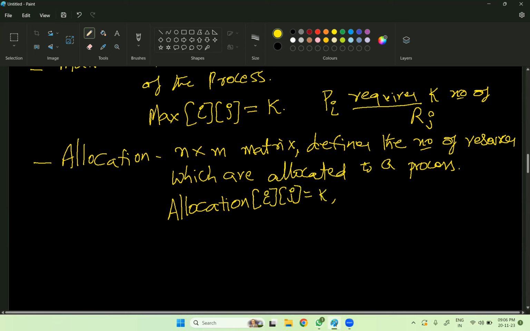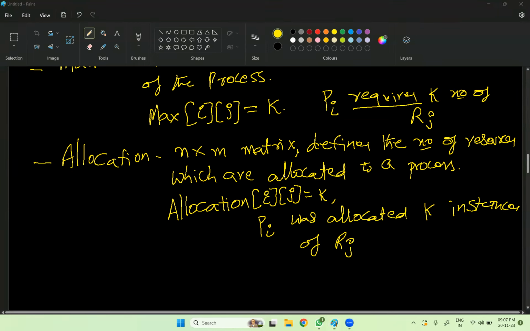Process Pi was allocated k instances of resource type Rj. That is the meaning. Allocation of i comma j equal to k means Pi was allocated with k instances of resource type Rj. That's the meaning.